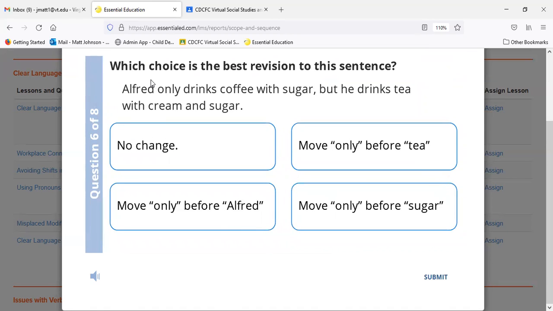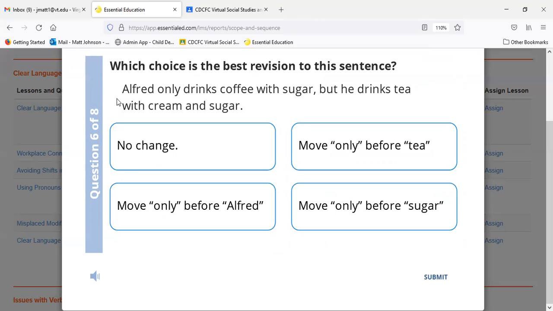Alfred only drinks coffee with sugar, but he drinks tea with cream and sugar. So the problem here, it sounds at first that Alfred only drinks coffee. That's the way that reads. That's the only thing he ever consumes. That's the only liquid that he ever puts in his body is coffee. And of course, that second phrase there says, but he drinks tea with cream and sugar.